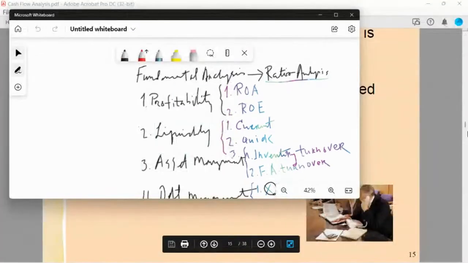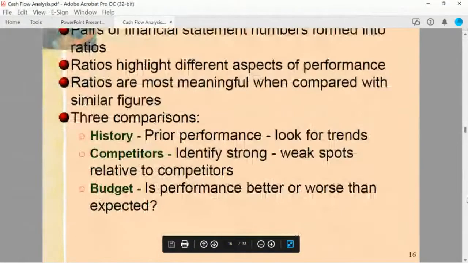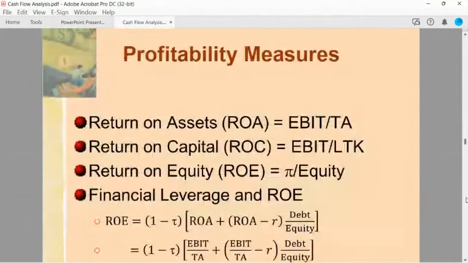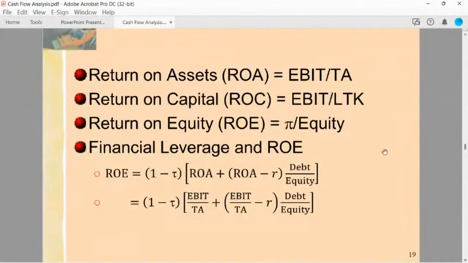The first thing is return on assets and return on equity and return on capital. Another return on capital, right? So as a third ratio, we're going to look at return on capital.